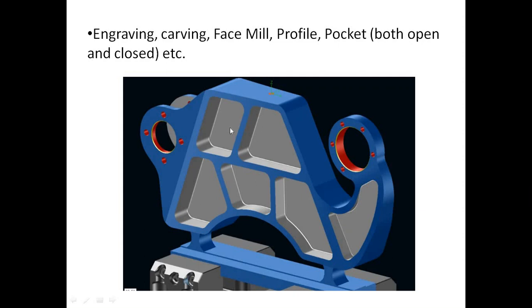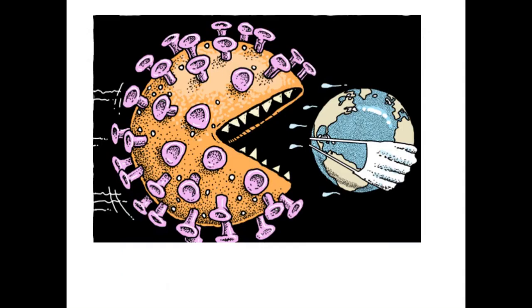All these pockets have the same thickness in this direction. That's why it is a 2.5D model, or we can say 2.5D pocket cutting. Again, operations like engraving and carving are examples of 2.5D models, which look like 2D but give a feel of 3D.